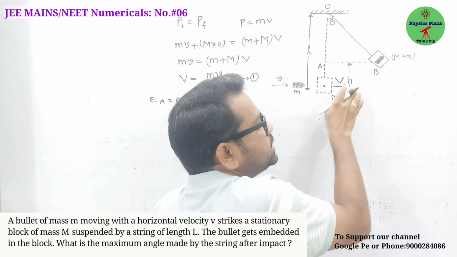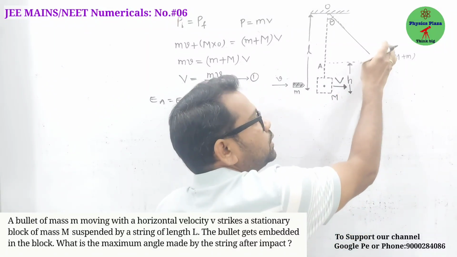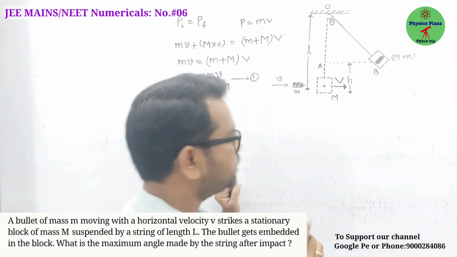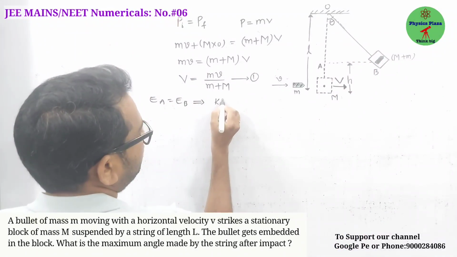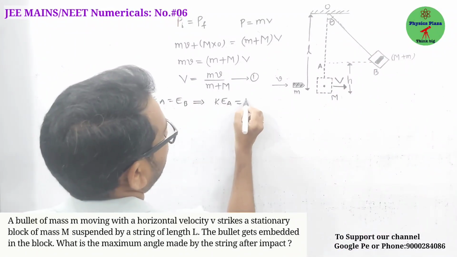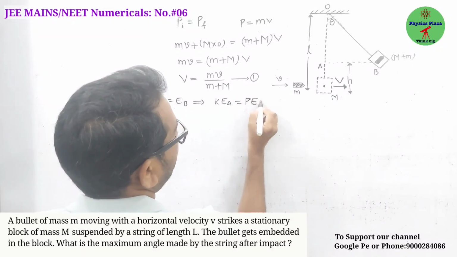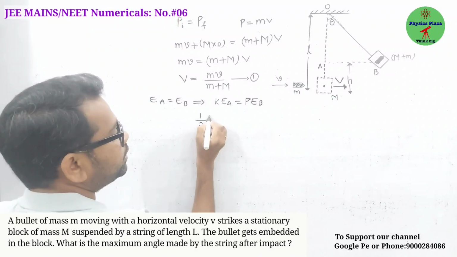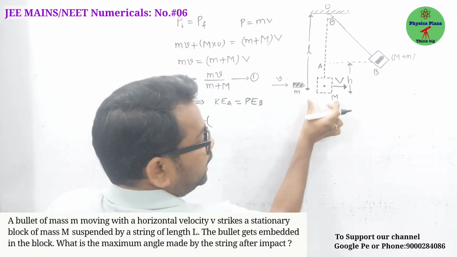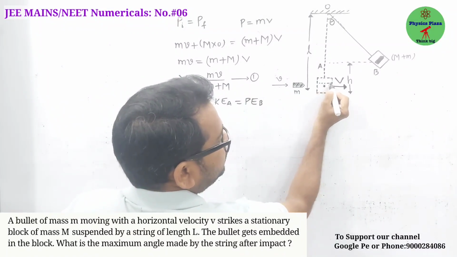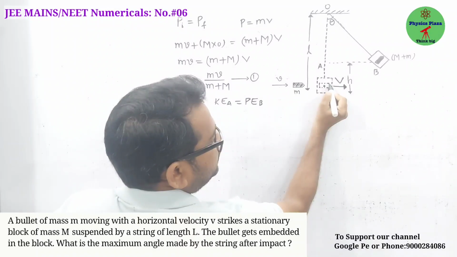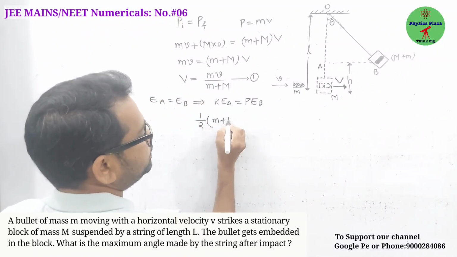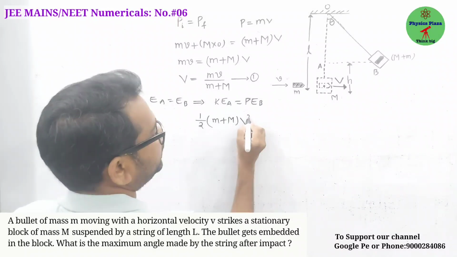And here, as it is raised to the maximum height, the velocity will be 0, so there is no kinetic energy. Here the body has only potential energy. So the kinetic energy at point A must be equal to the potential energy at point B. The kinetic energy is half mv square, where the mass means, at this position the bullet has already entered the block, so we should take (m plus capital M), and its velocity is V square.